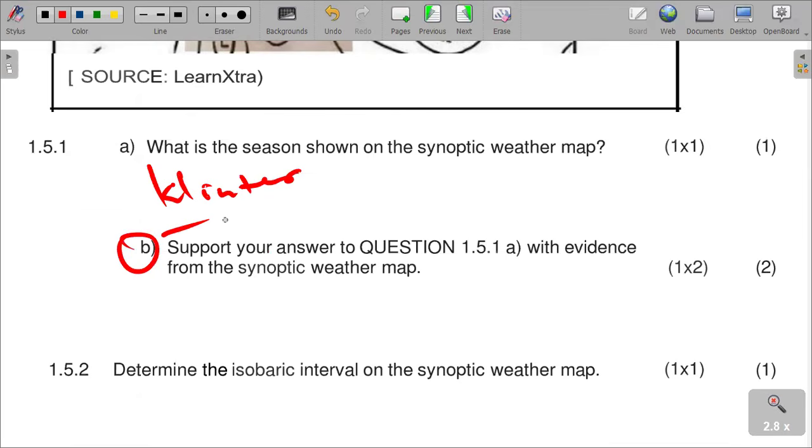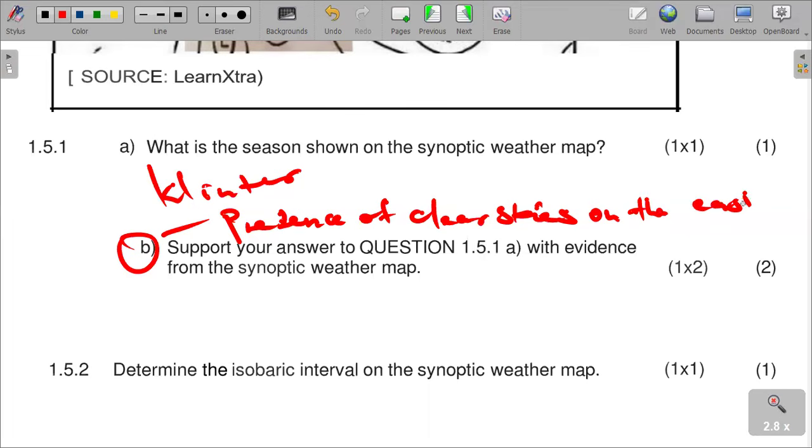Reasons are the presence of clear skies on the east and interior of the country. The cloud cover, the sky is very clear.